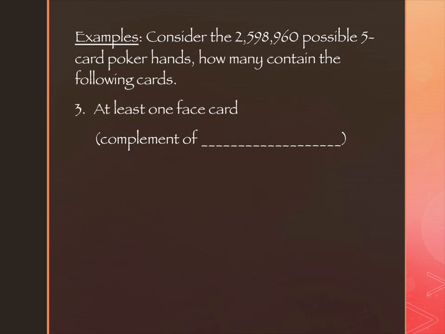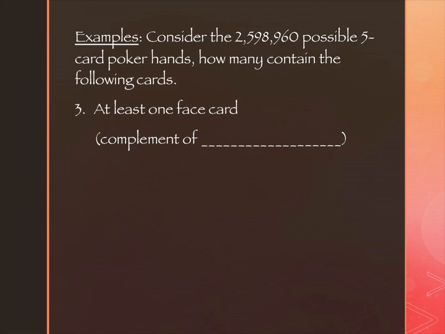All right, again, we're working on the structure of the language. How do we change and look for complements? So the rest of it's staying constant. We want the complement of having at least 1 face card. So what does that mean we don't want? Close.